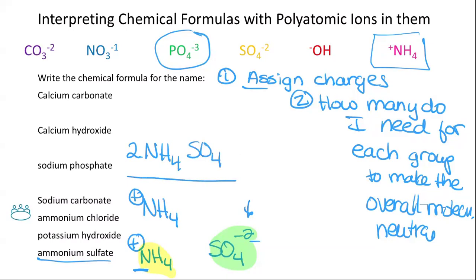So I need to make sure that I put parentheses around it to express that I have 2 of that unit, that ammonium. This is my unit. I have 2 of them. That's what the parentheses is for. Okay. Hopefully this is not too tricky. Enjoy the practice, and I will see you in the next video.